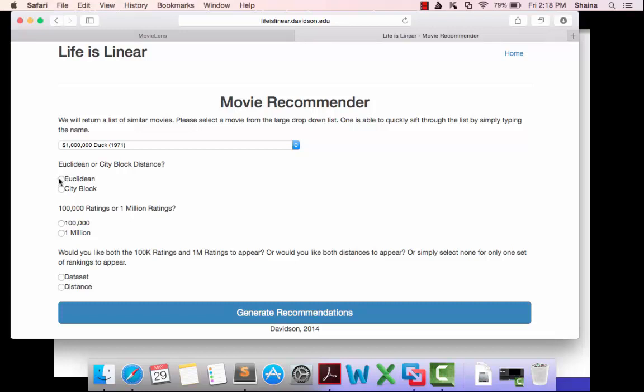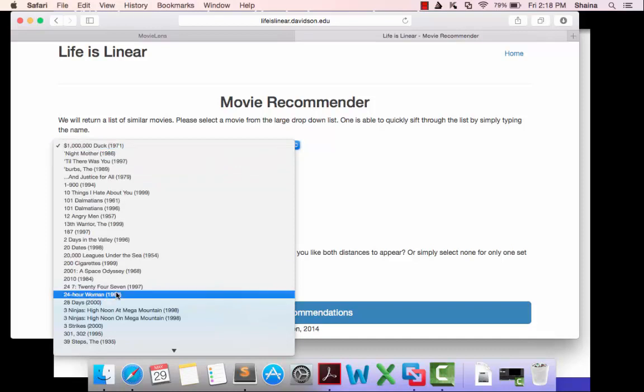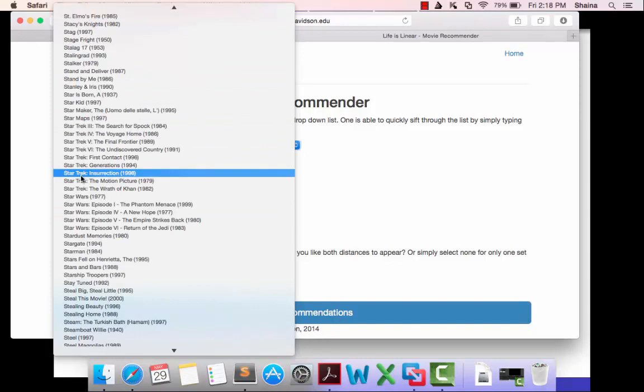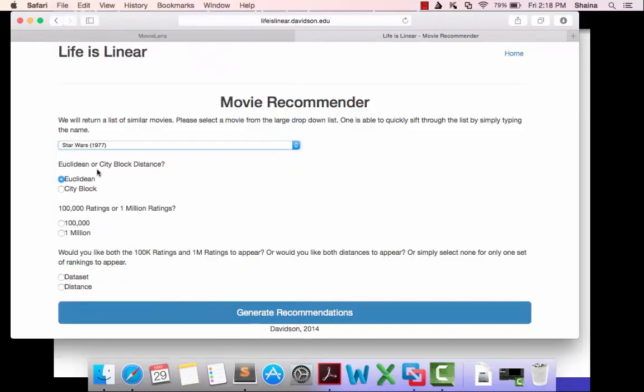We can choose between Euclidean or city block distance. Let's look at Euclidean distance right now. We can choose a movie that we want to look at, so let's look at Star Wars. You can either use a data set that has 100,000 ratings, or one that has 1 million ratings.